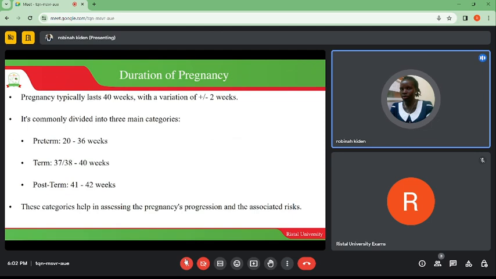We have preterm, which is between 20 to 36 weeks, then term, that is 37 to 40 weeks of gestation, then post-term, which is 41 to 42 weeks. These categories help in assessing the pregnancy's progression and the associated risks.